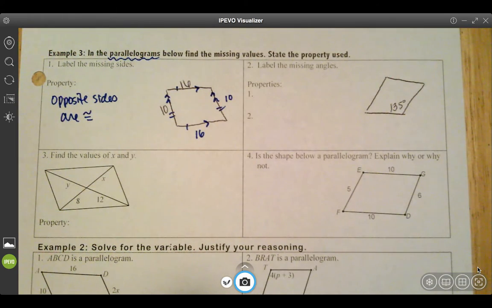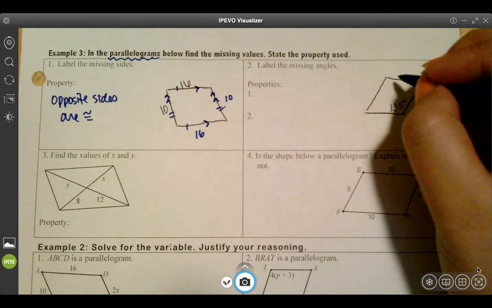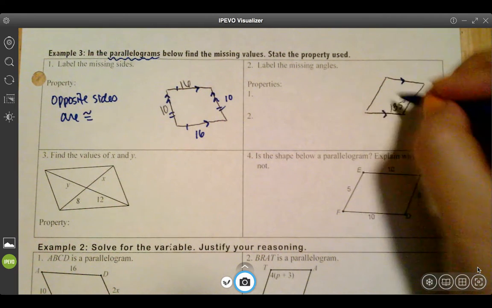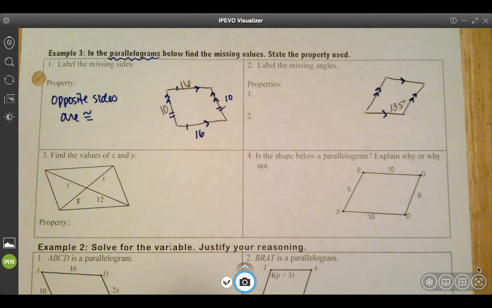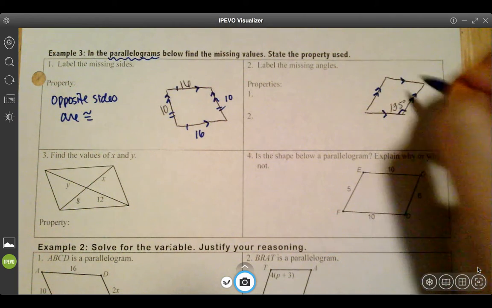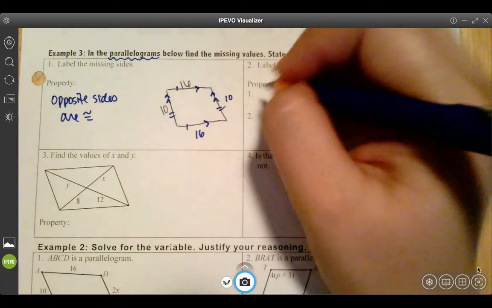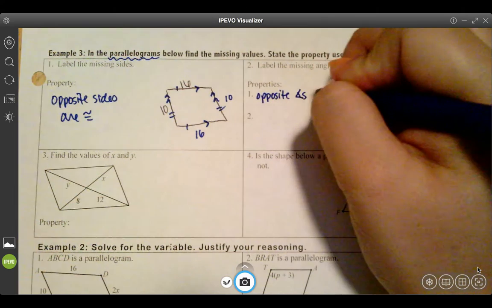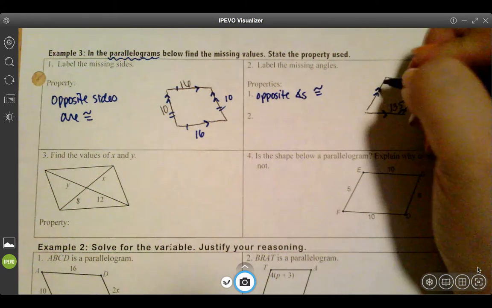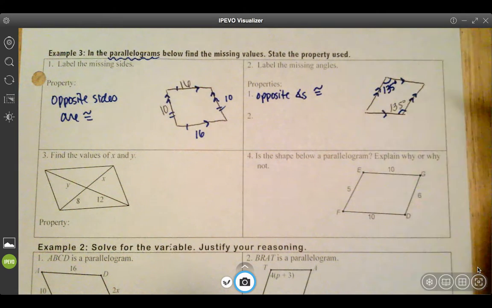In number 2, we want to label the missing angles. Well, we only have one angle, so we can start off by saying because this is a parallelogram, and I'm going to mark which sides are parallel in order to show that we know it's a parallelogram. A parallelogram has opposite angles congruent. So we have 135 degrees for that angle.